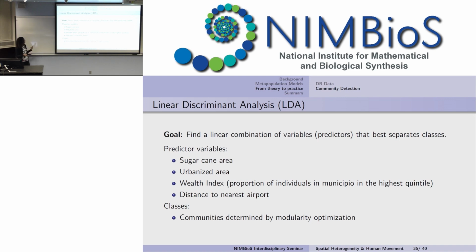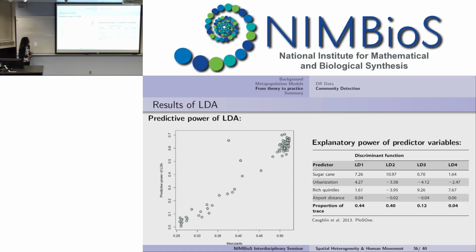So the idea here is to use linear discriminant analysis to figure out what combination of these variables best separates the classes, or best separates the towers into communities. And by communities, I mean those determined by the modularity optimization. Essentially, we repeated this 100 times, for each one of those 100 partitions that we got as an output of the modularity optimization.